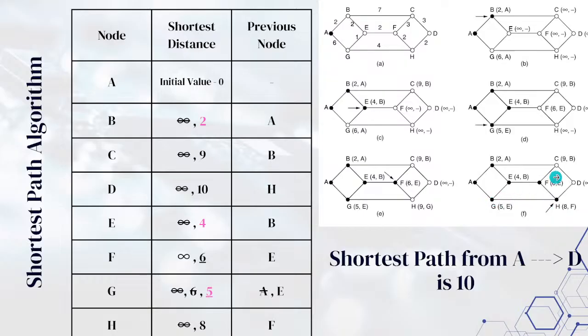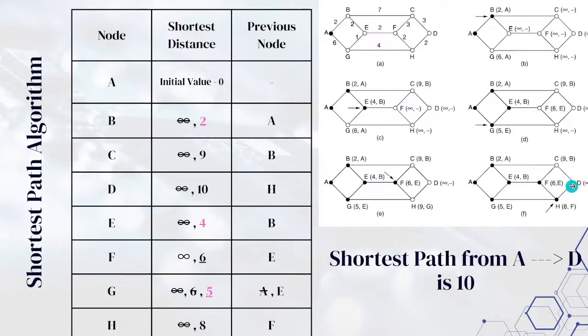Now the final one is H. If I am in H, this is my next node. The neighboring nodes of H are F and D. F is already a visited node, right?